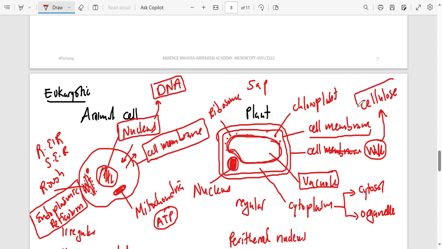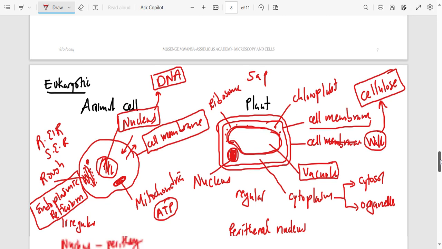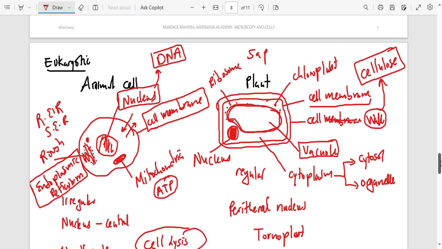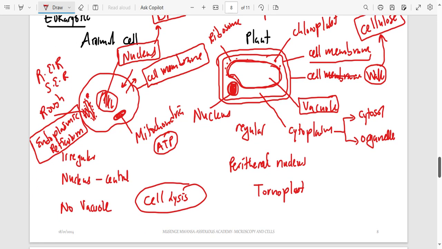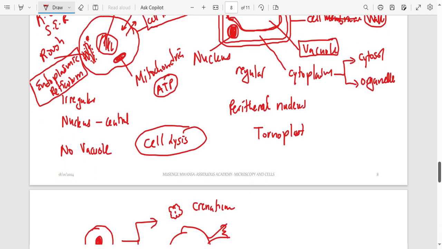We'll be talking about biomolecules, so we'll talk about carbohydrates. You need to really understand them because they'll carry marks in your exam. So just take note, the cell wall is made of the carbohydrate cellulose. It's actually a polysaccharide.